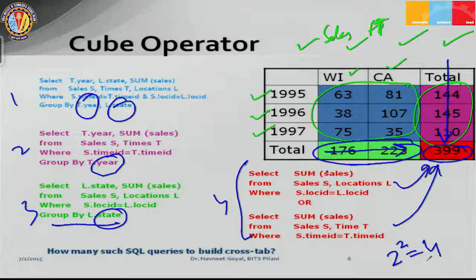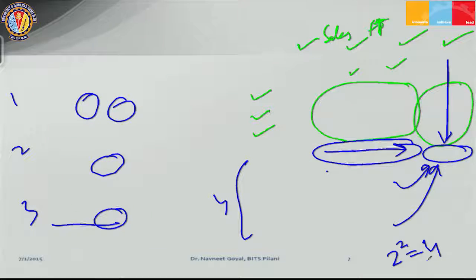I'm not talking about formatting related issues, since formatting would typically be done by the report writers. Using SQL, you can only generate the data required for the cross tab. So this is a cross tab generated using 4 different SQL queries. Let me clear the annotation.